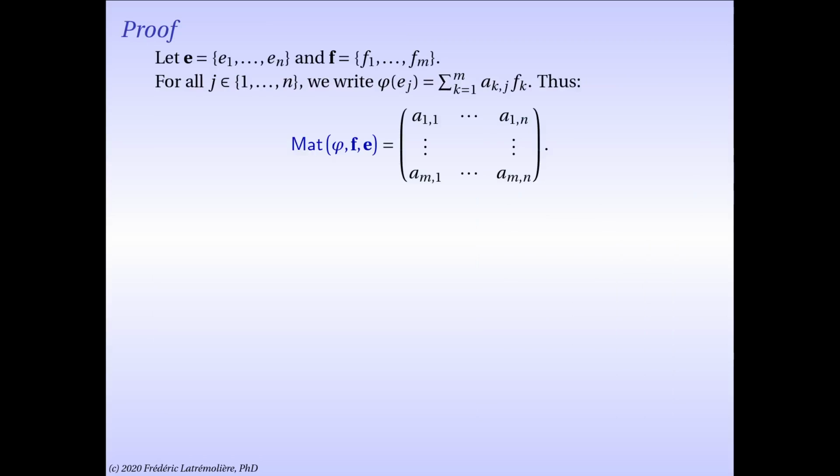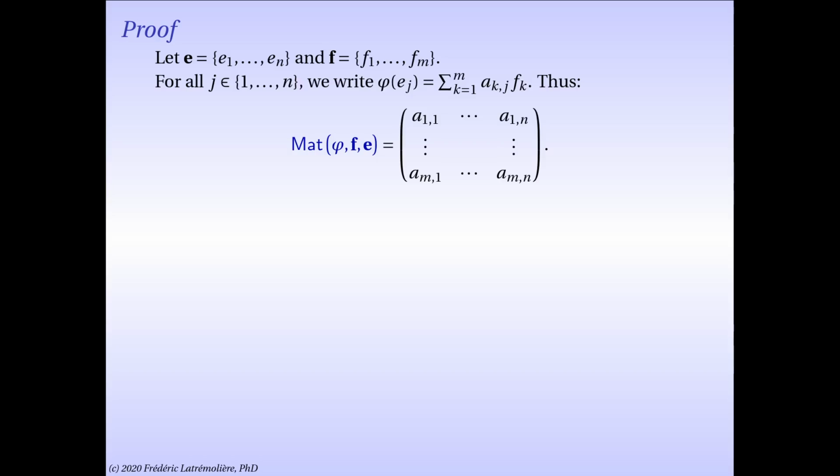For the proof, we write bold E as e1 etc. en and bold F as f1 etc. fm, and thus we will also write bold E star as e star 1 etc. e star n and bold F star as f star 1 etc. f star m. Let us fix an integer j between 1 and n.